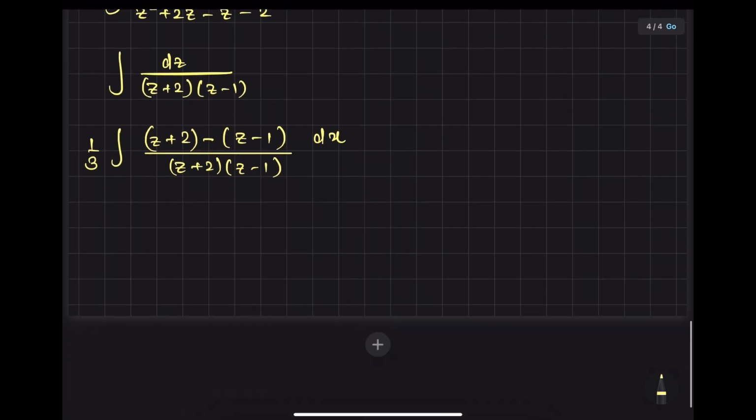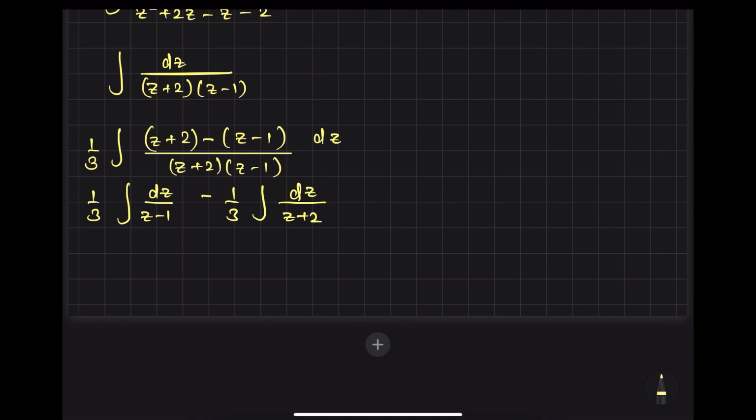Okay. So the idea is 1 by 3 integration of dz by z minus 1, minus 1 by 3 integration of dz by z plus 2.